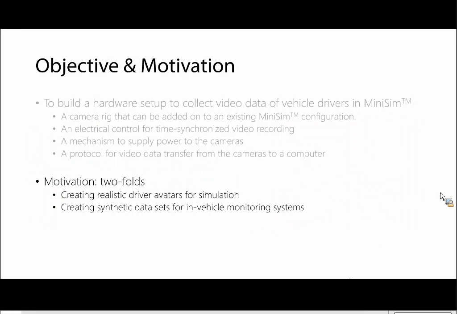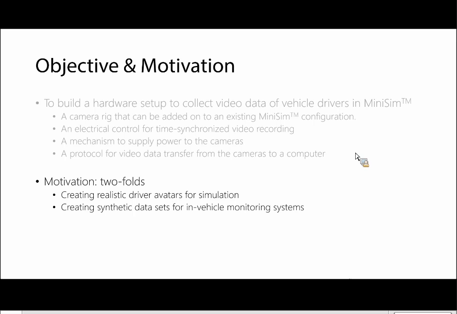The second motivation is slightly different from the conventional use of avatars. A lot of people these days are talking about computer vision and deep learning systems, and those deep learning algorithms basically require a lot of image information to train them.